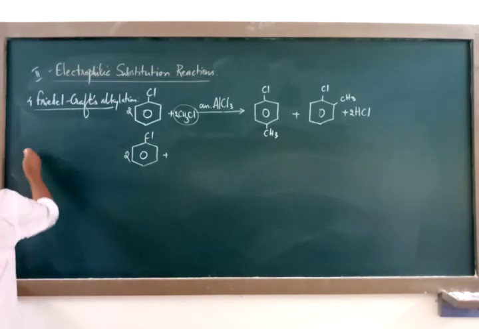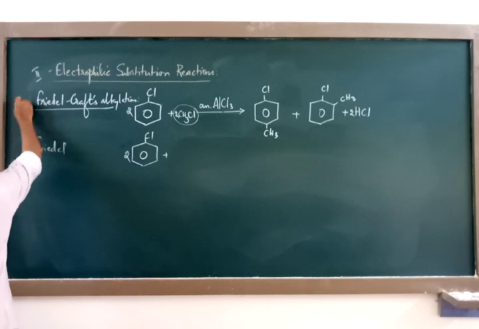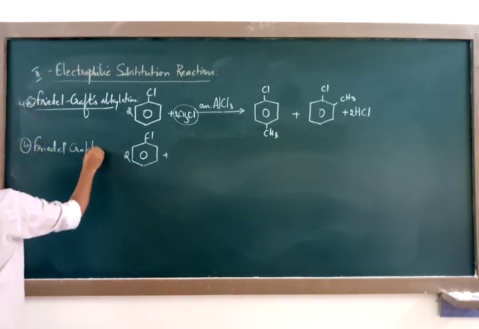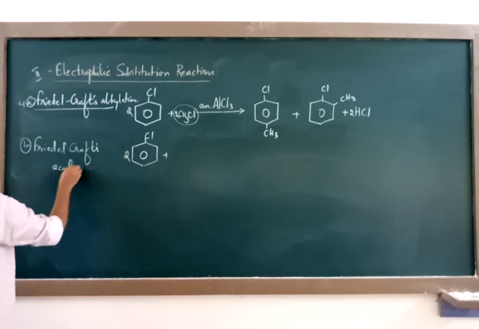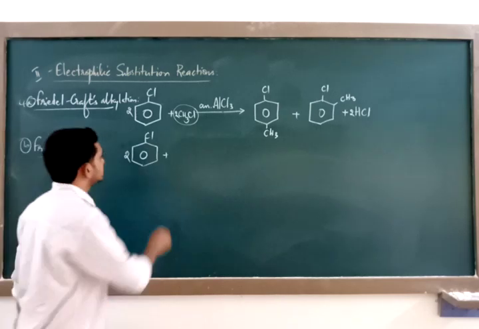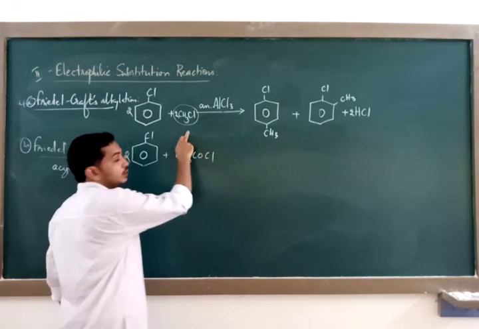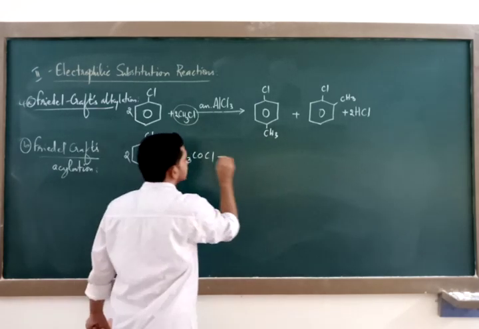If you want to introduce acyl group, then it is Friedel-Crafts acylation. Same chlorobenzene is reacted with acetyl chloride. Earlier you used methyl chloride in the presence of anhydrous AlCl3.